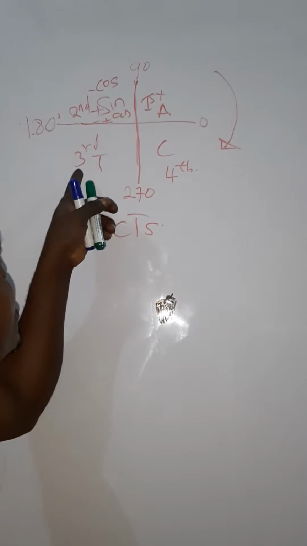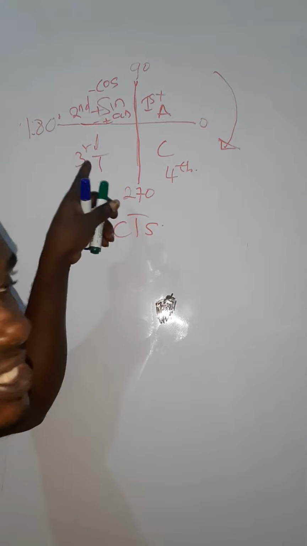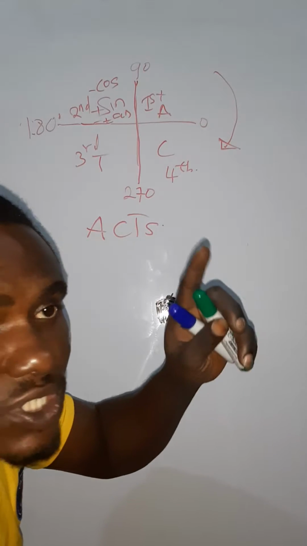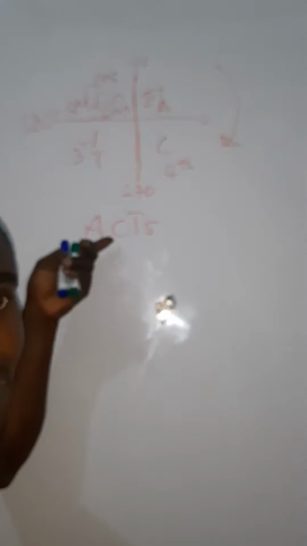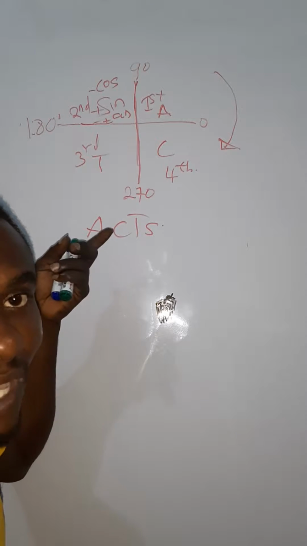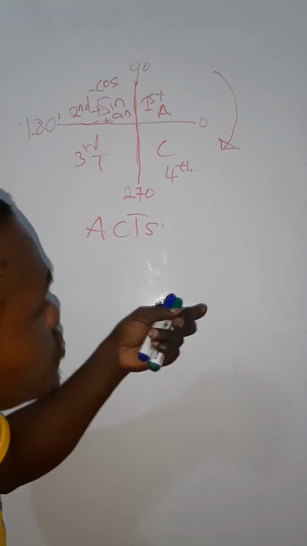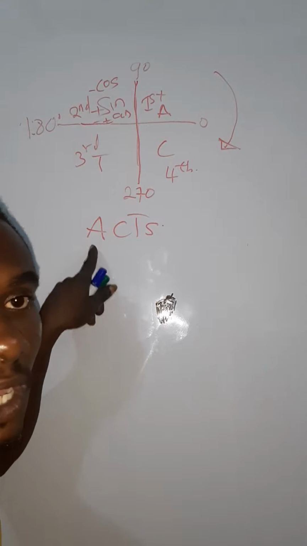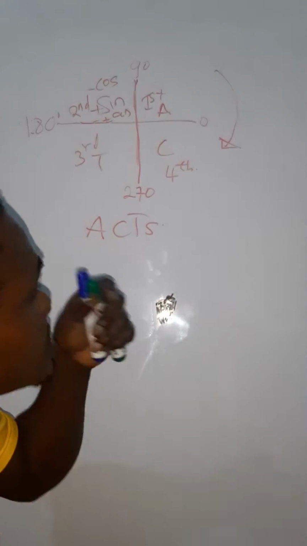It is only tan, because we are having T here, that is going to give you positive. That is the essence of this ACTS. Anywhere the letter falls, it is only that letter that you are seeing there that is going to give you positive. And each letter stands for something. This one stands for all are positive. This one is cosine. This one is tangent. This one is sine.